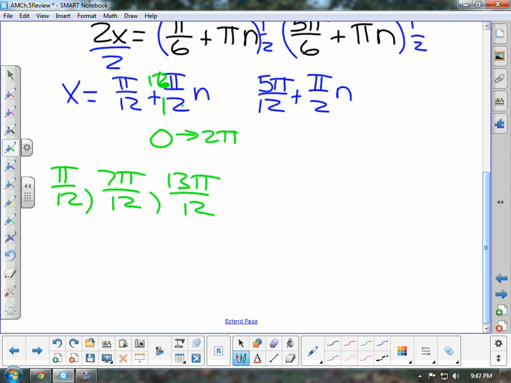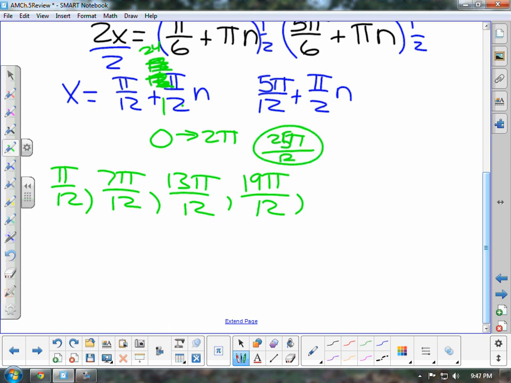If you add another 6 pi over 12, that's going to turn that into 18 pi over 12, and 18 pi over 12 plus pi over 12 is 19 pi over 12, and that is still less than 2 pi. If you add another 6 pi over 12, that would be 24 pi over 12, and 24 plus 1 is 25 pi over 12. And now that one is bigger than 2 pi, so we do not need it.